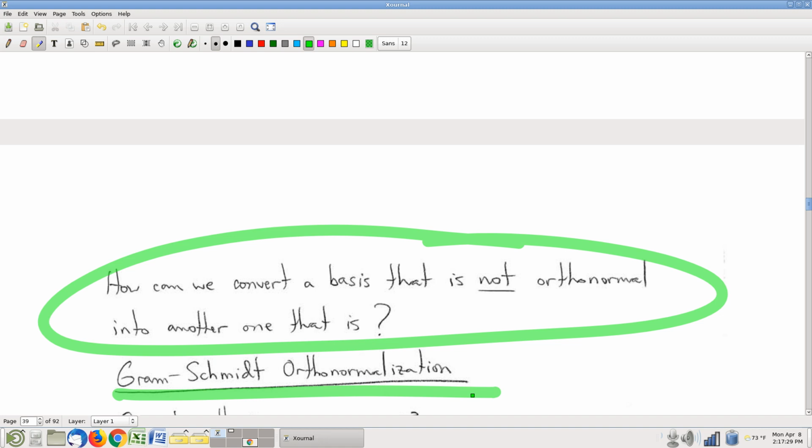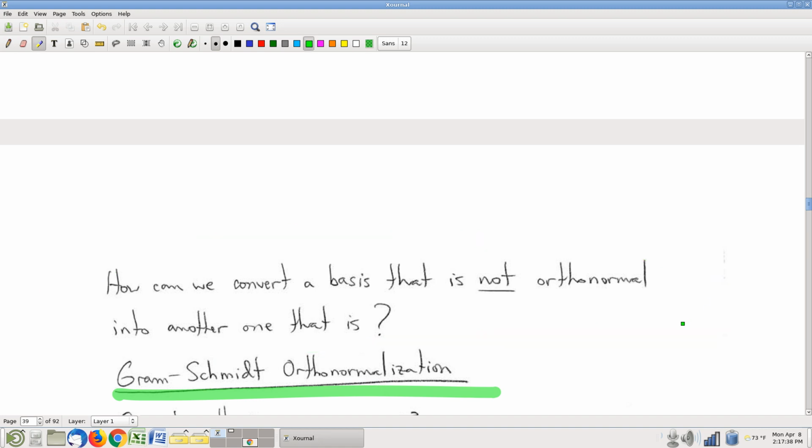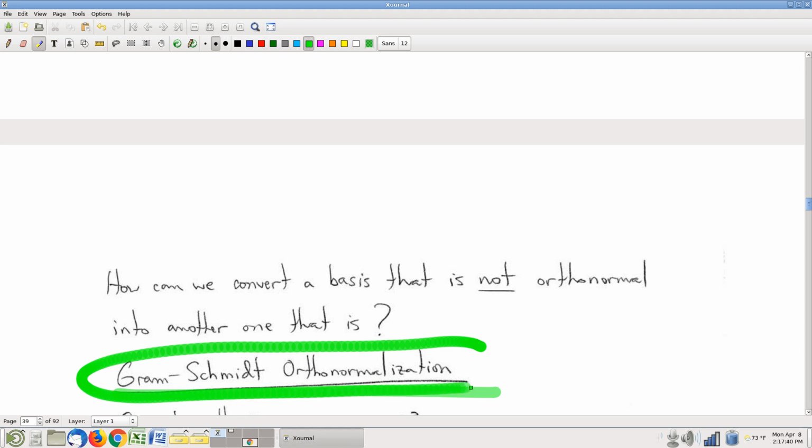And there's a great answer for this. It's called Gram-Schmidt Orthonormalization. The very first time I encountered Gram-Schmidt Orthonormalization, I looked at that word and I thought, oh my gosh. Just on the basis of the number of syllables involved there, this must be a pretty deep idea. I was all prepared for something heavy, something extremely sophisticated and deep, and it's not.